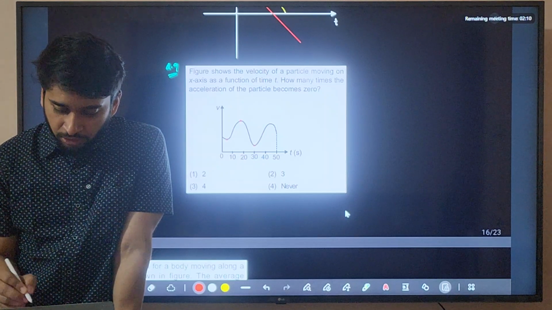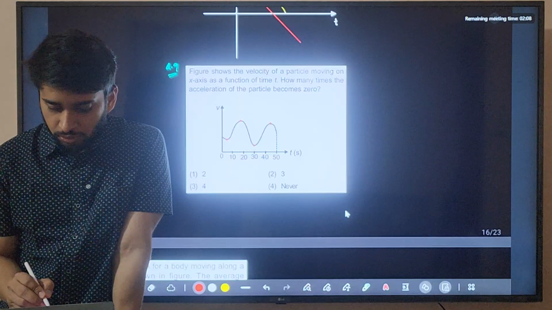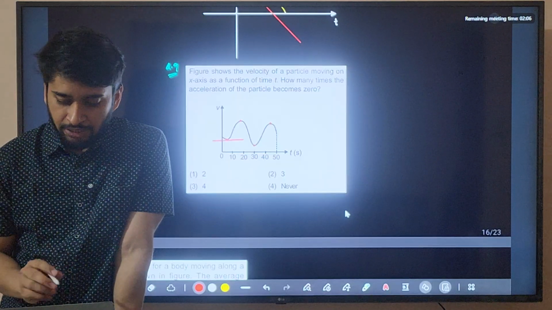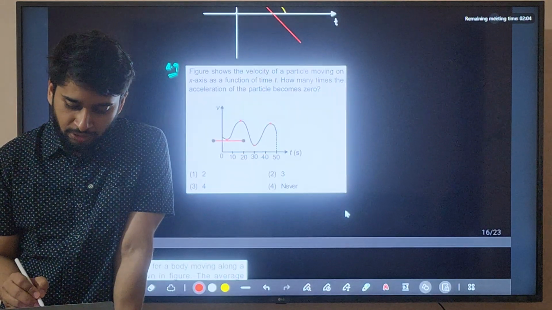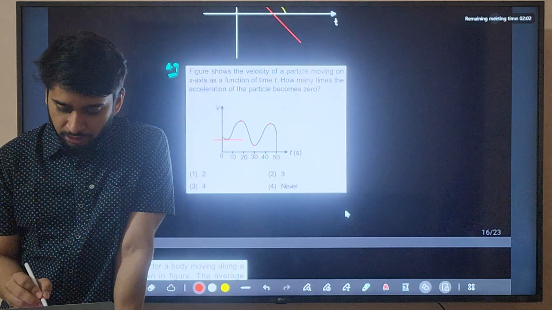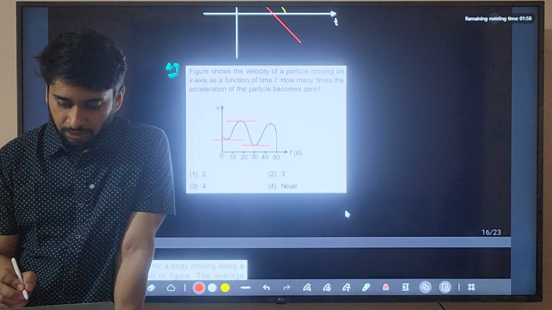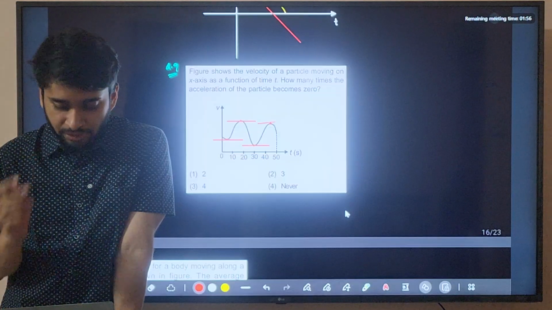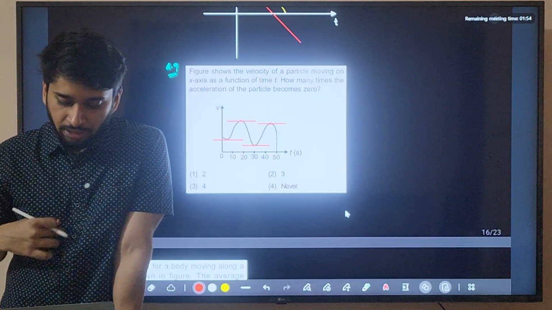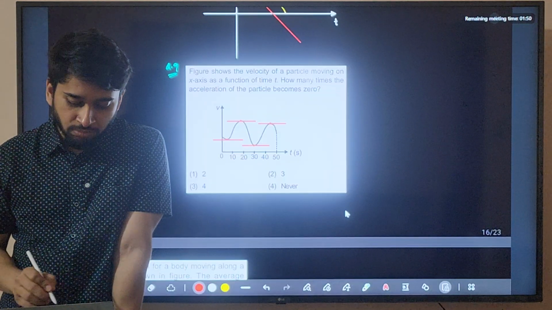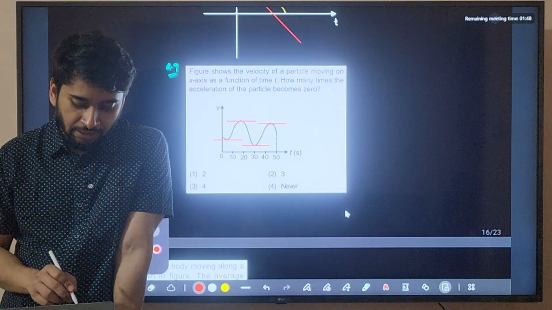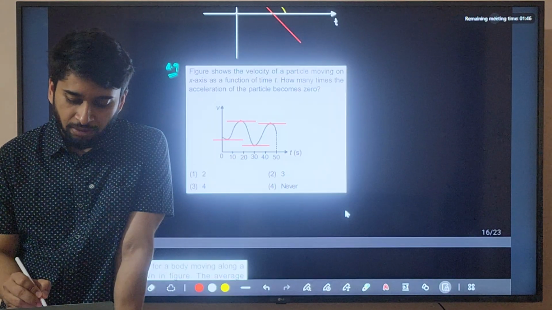Let us see what those points are. This point is there, then this point, then this point, then this point. At all these points the slope becomes 0, so the acceleration becomes 0.